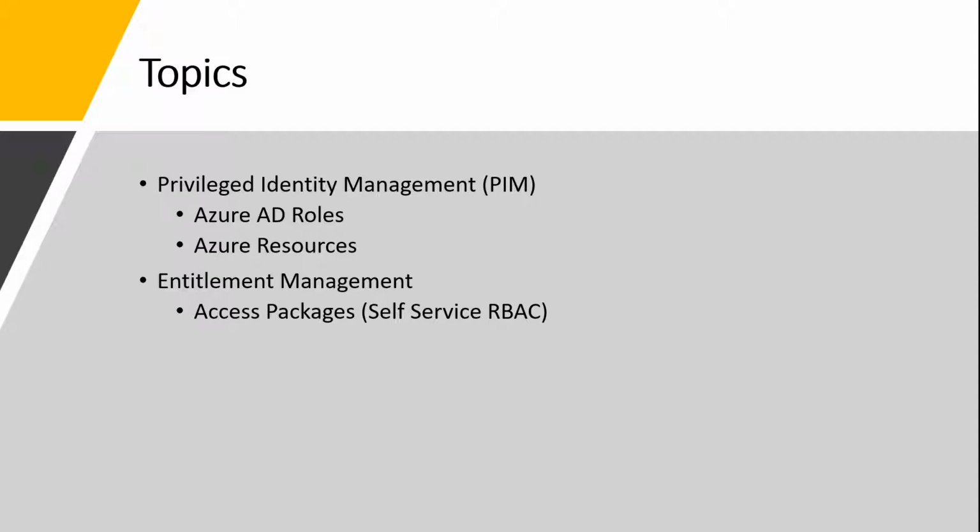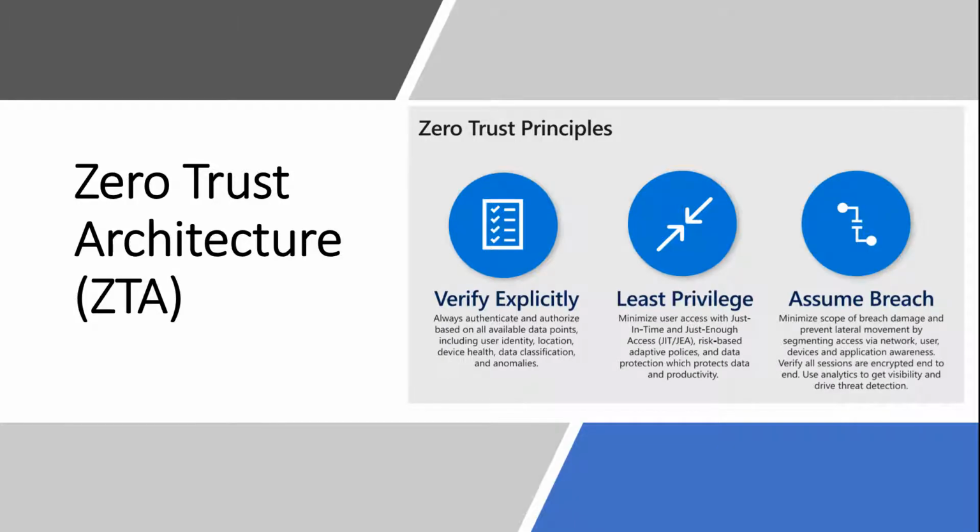As soon as we walk into Privileged Identity Management or access packages, the one thing that pops up in my mind is the zero trust architecture. Though we briefly touched on it in our earlier videos, when we talk about identity governance, one of the key areas for consideration should be the least privilege model and verify explicitly.